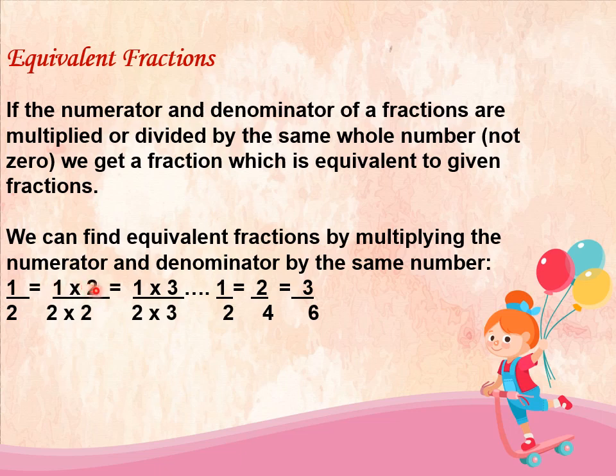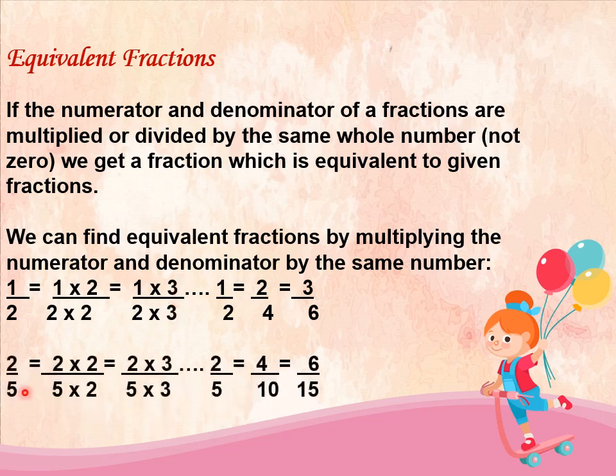So 1 multiplied by 2, we get 2. Then 2 multiplied by 2, 2 2s are 4. Then multiply by 3: 1 3s are 3, and 2 3s are 6. So this way we have to multiply the same number in the numerator and denominator.